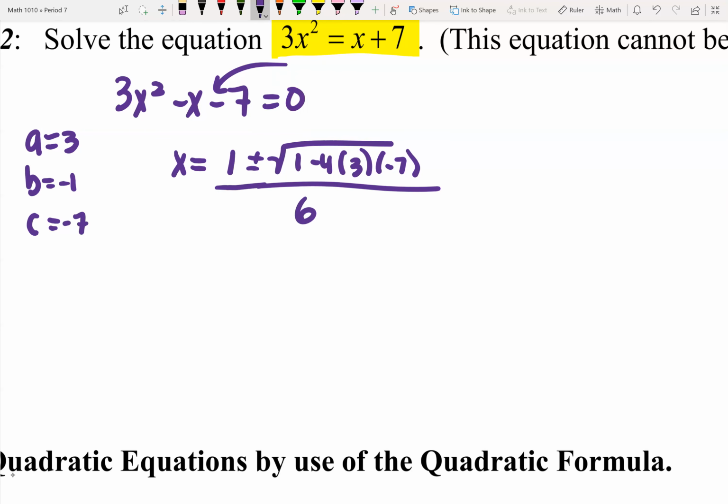So this guy has to go all the way over. There's one more thing that's annoying. Yeah, you didn't make the negative 4 times 3 times negative 7, you didn't actually pull it all in the root. So this thing is supposed to go like that. Okay? That's correct. Okay. I want you to take your highlighter and I want you to highlight these numbers that are inside there. And then I want you to draw an arrow.